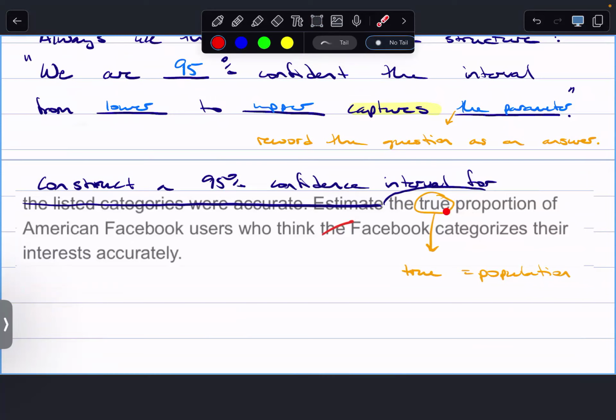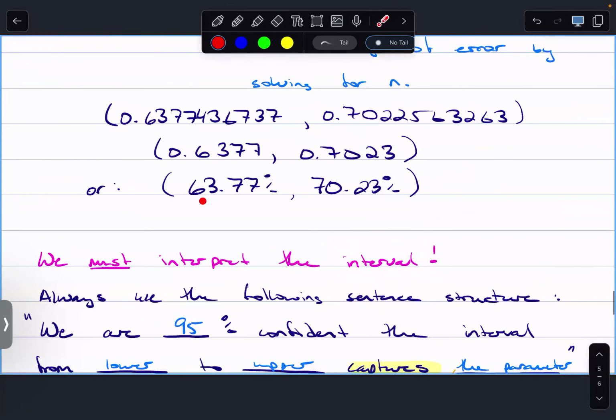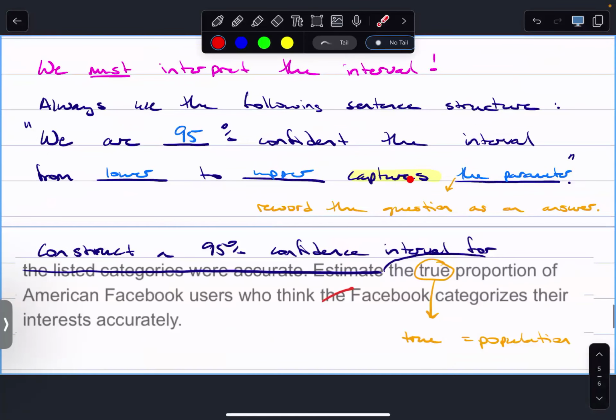And so that's the parameter, the true proportion of American Facebook users who think Facebook categorizes their interests accurately. So now we have an interval. In fact, we're 95% confident that the interval from, let's say, 0.6377 to 0.7023 captures the true proportion of American Facebook users who think Facebook categorizes their interests accurately, right?